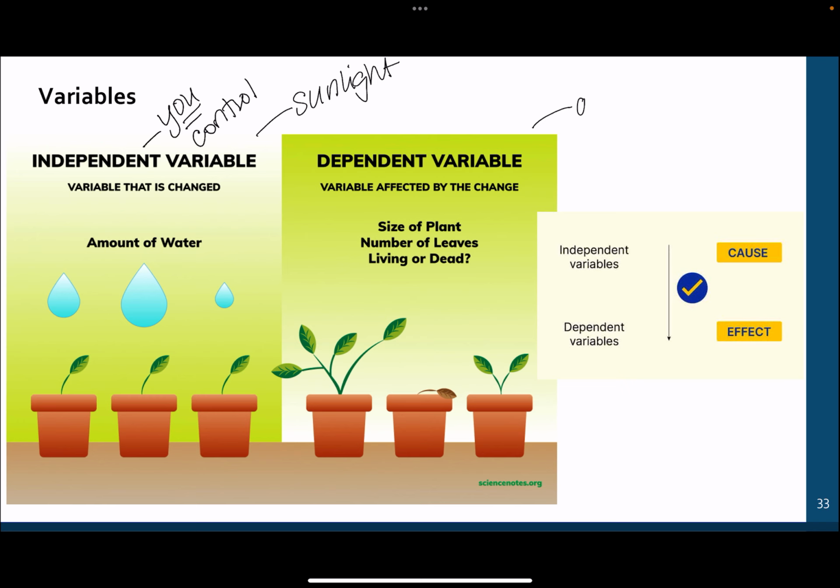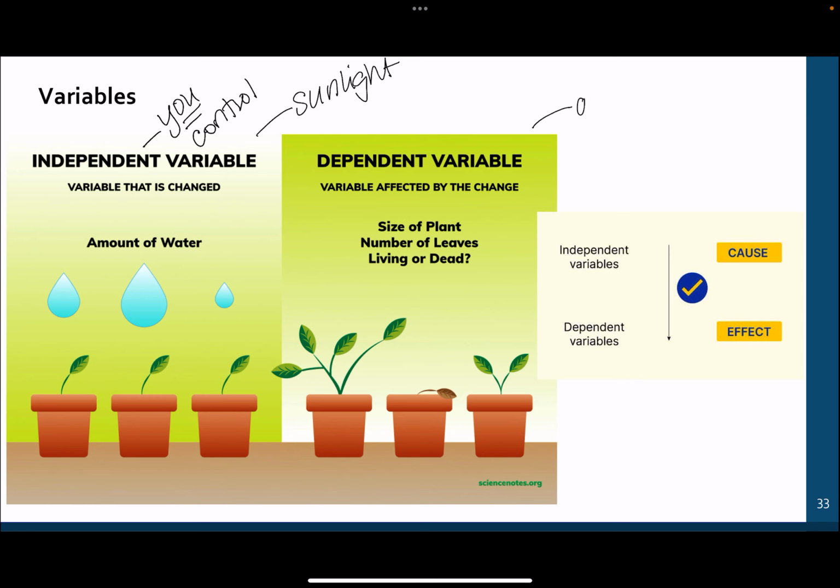So in this example here, we have 3 different pots of plants. And so I would imagine that the question is, what factor affects plant growth? So the hypothesis might be that the amount of water affects plant growth.